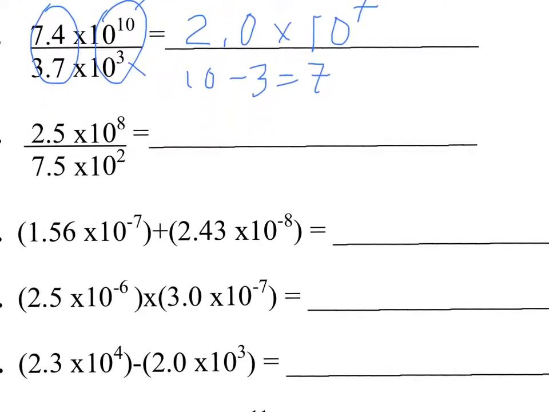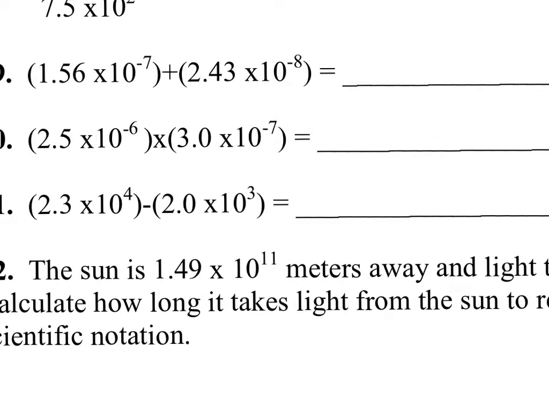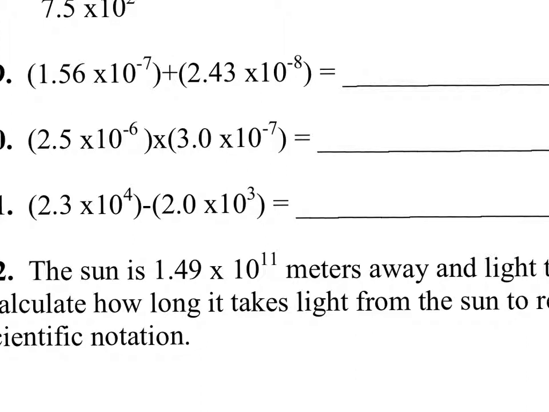Now let's move on down to our first addition problem. Addition is a little bit different than multiplication. We can't operate on the mantissa if the powers are different. And you see that one of them is negative 7 and one of them is negative 8.